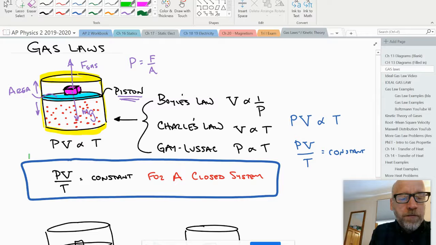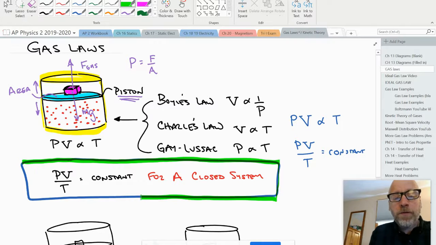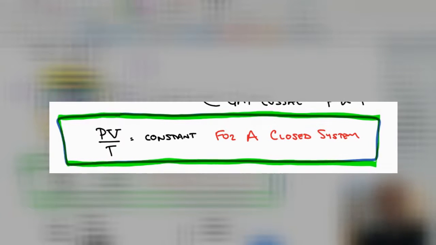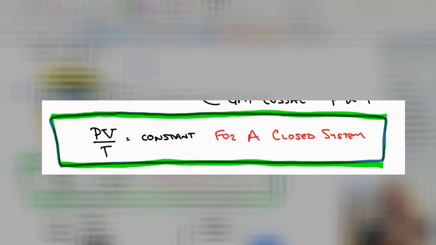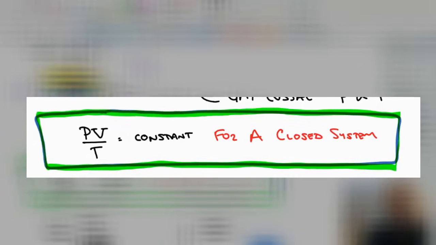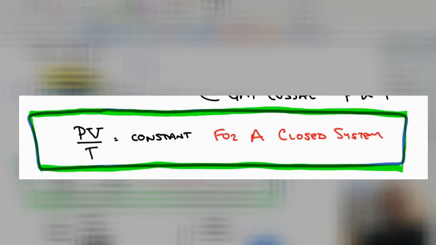Oh, I already wrote that right here. PV divided by temperature is constant for a closed system. Closed system means that the same number of molecules that exist at the beginning of the gas exist at the end.